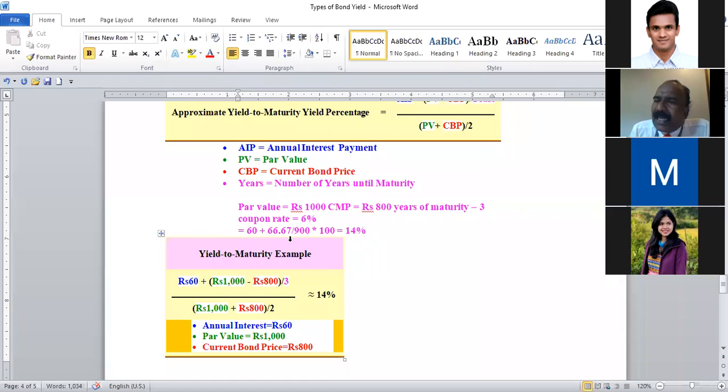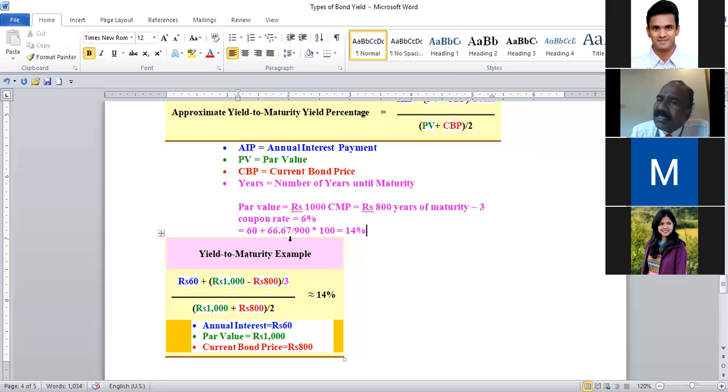So by looking at the case, 6% is your coupon rate, market price is 800, and par value is 1000.